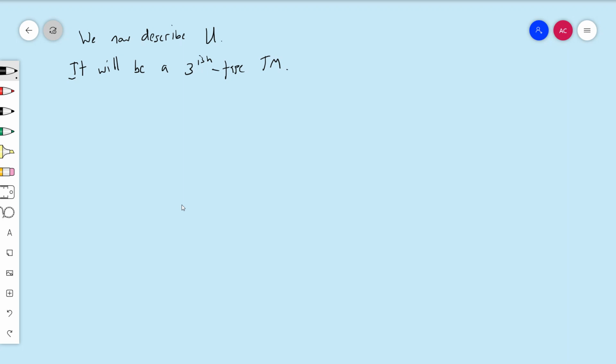It doesn't really matter, right? Because even if it's a 50-string machine, it's still the same efficiency loss to collapse it down to a 1-string machine. A 3-string machine can be collapsed down to a 1-string machine that works in quadratically more time, and a 50-string machine can also be collapsed down to a 1-string machine with the same time loss, which is kind of the result of the last proof. So it doesn't really matter how many strings I add.